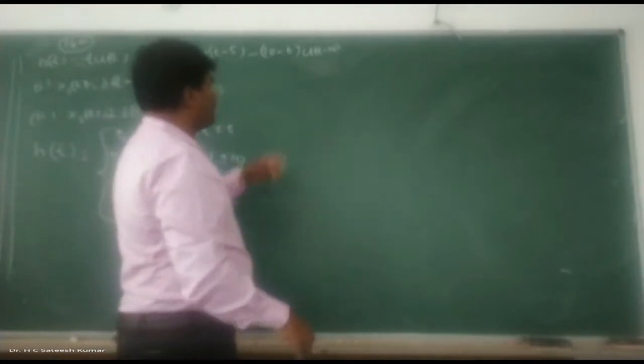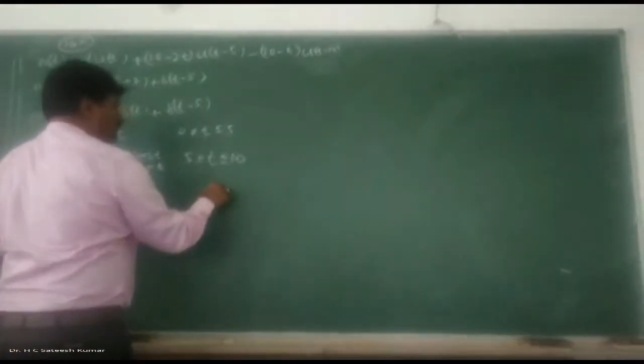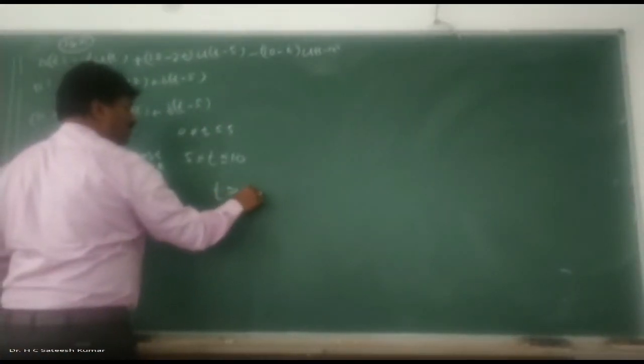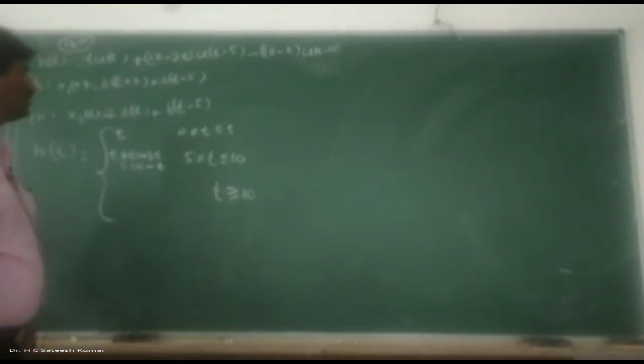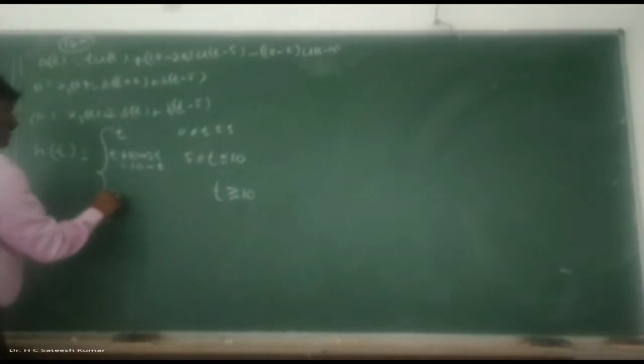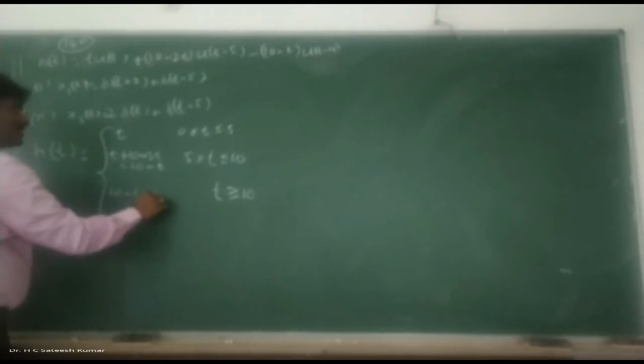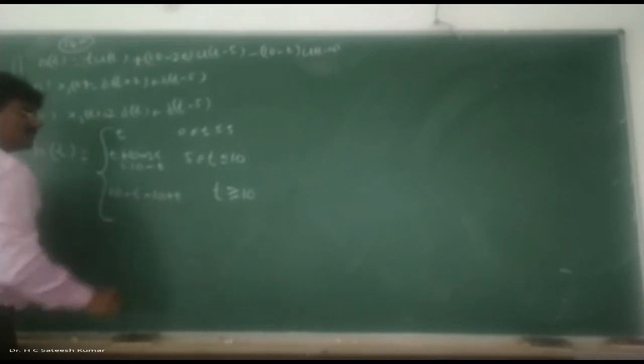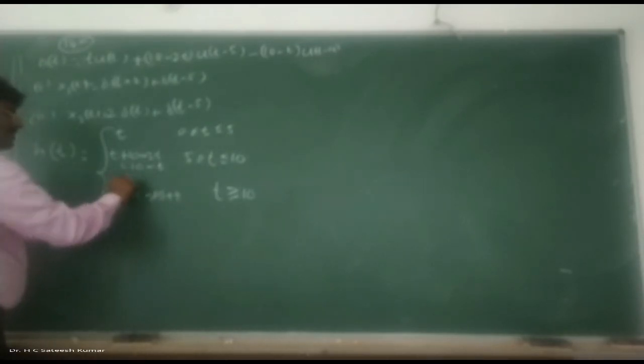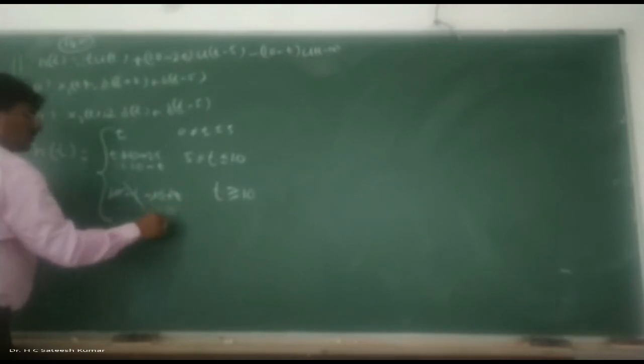At 10 onwards, t greater than or equal to 10, what is the value? For this one, 10 minus t, we should add minus 10 plus t. So minus 10 plus 10 gets cancelled, minus t plus t, only this. So we should be very careful while doing this kind of problem.